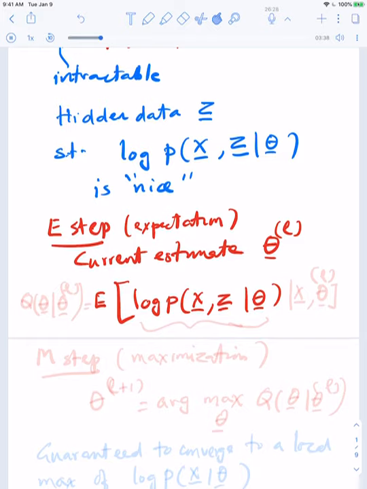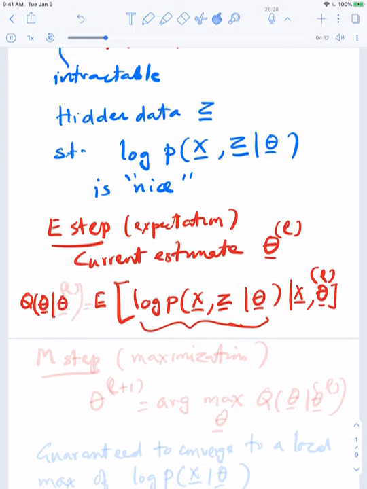And of course, how am I going to do this average? I'm going to of course keep the observed data fixed, and I will of course use my current estimate of the parameter. Obviously this will depend on the unknown parameters. So there is this theta dependence, and this is the theta I'm trying to ultimately optimize over.